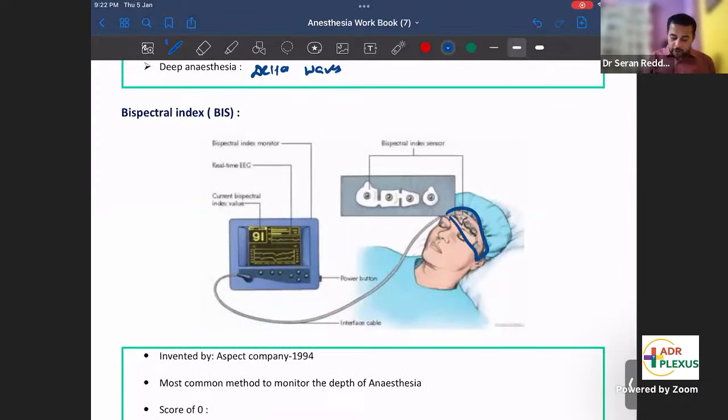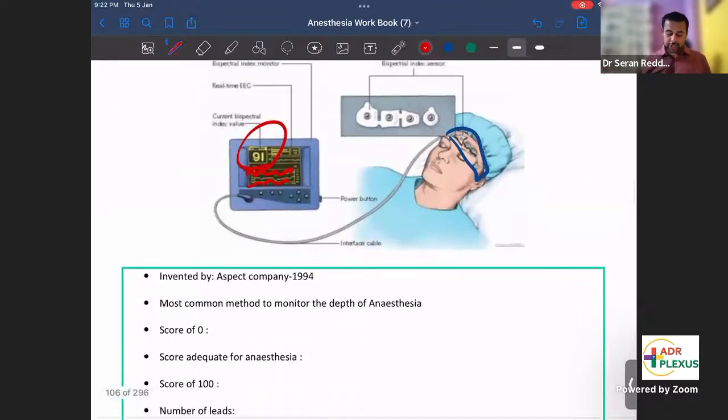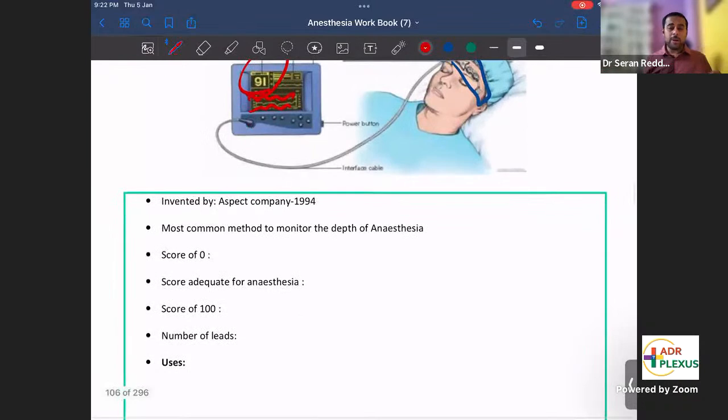These 4 leads give a waveform similar to an EEG waveform, and rather than us interpreting it, it is converted into a number. Based on that number, we can see whether the patient is completely awake under anesthesia, completely asleep, or whether adequate anesthesia is being given, with the amnesia component also tested. So this is the most common method to monitor depth of anesthesia.